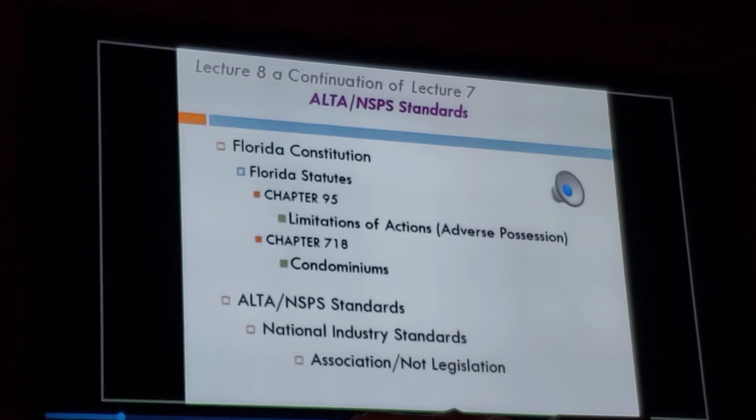Remember, this is an association. It's not tied to legislation like your technical standards in each of your individual states would be. So it's a little bit different scenario. It ties back again to the real estate people and to the banks that are lending money and financing and taking the liability of property.